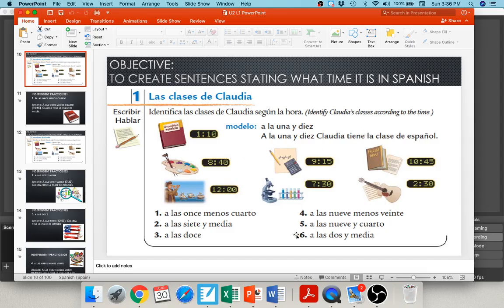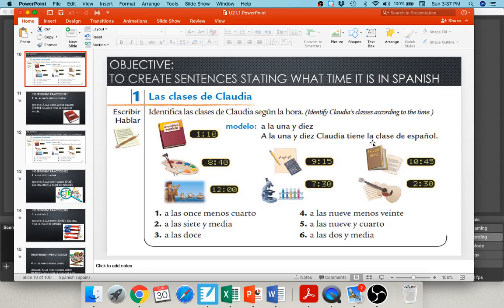So let's do number 1 together. You see a las 11 menos cuarto. So let's think about what that time is. We know a las 11 is 11. Menos means minus, and cuarto is 15, or a quarter. So at 11 o'clock, minus 15 minutes, we have 10:45. And if you find 10:45 here, you can see it says English.